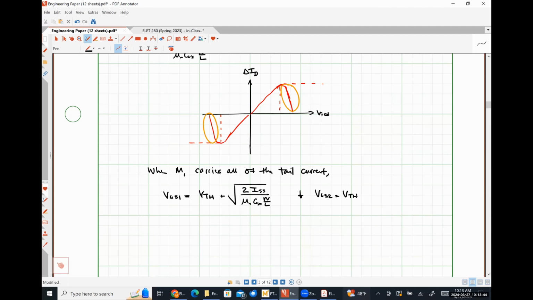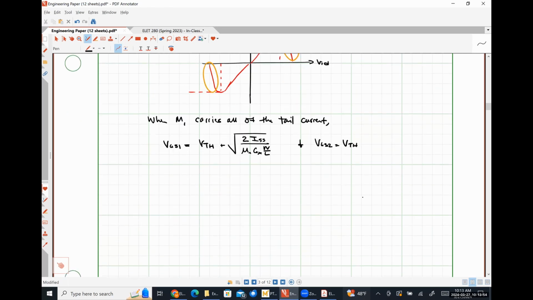So this relationship effectively tells us what our differential maximum input voltage is going to be. So our maximum value for V_ID is going to be the square root of 2 I_SS over mu_n C_ox W over L, which is the difference of those two things.